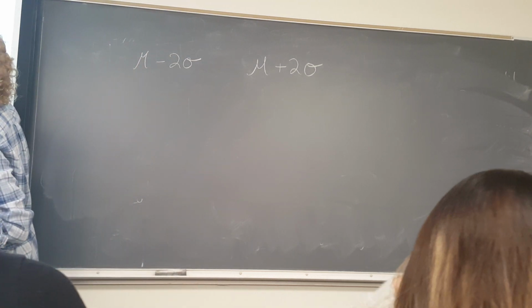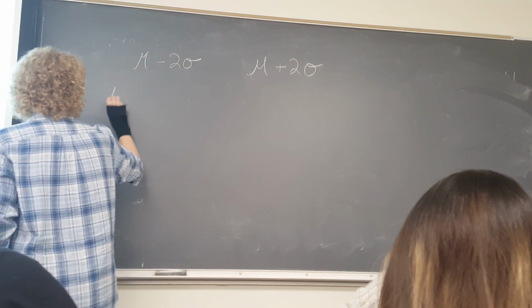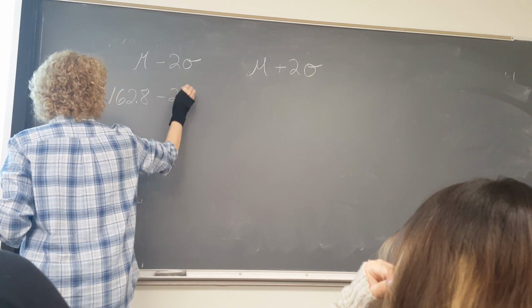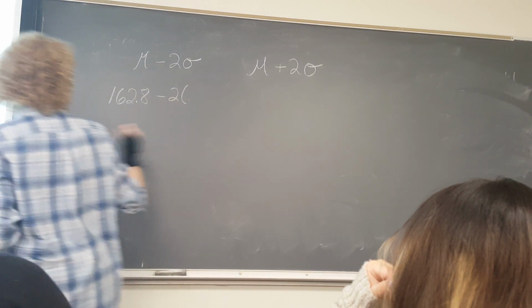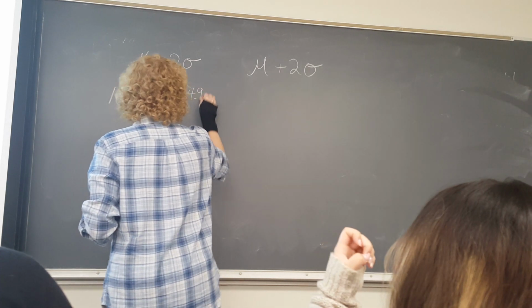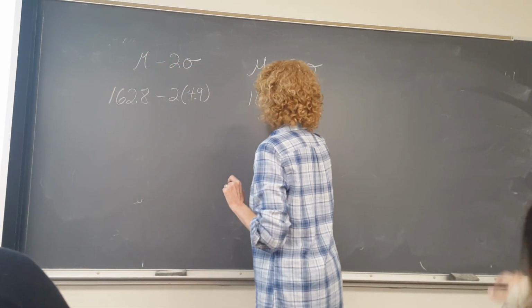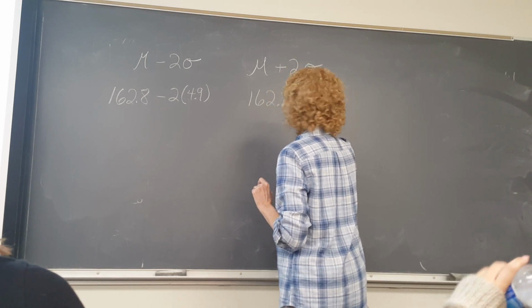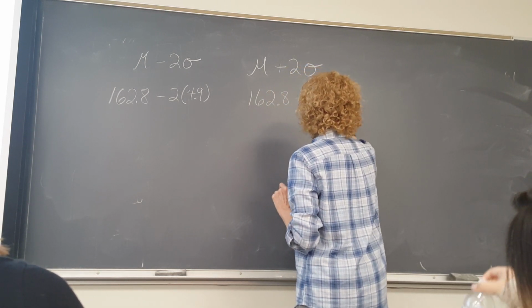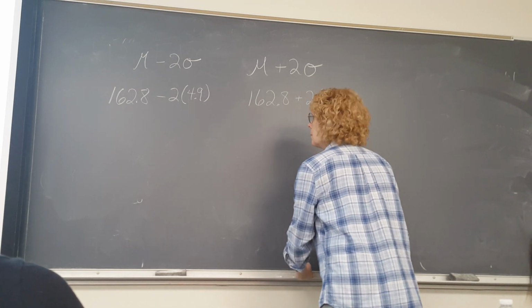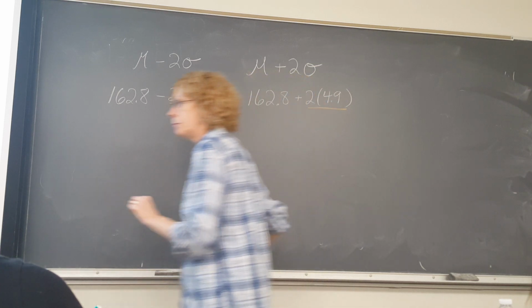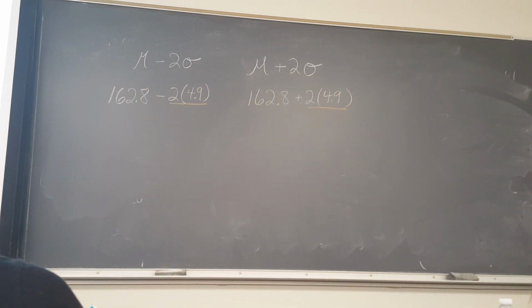And they gave us the mean. The mean is 162.8, standard deviation of 4.9. So it's just a matter of plugging in correctly and then putting that in your calculator. If you do it in steps, of course you always multiply before you add or subtract.